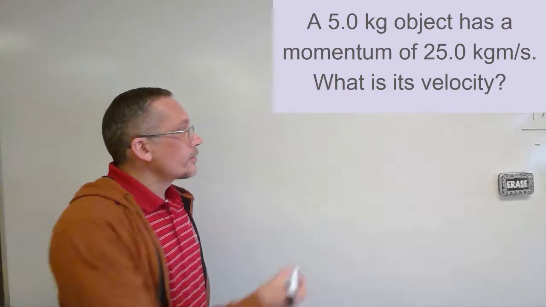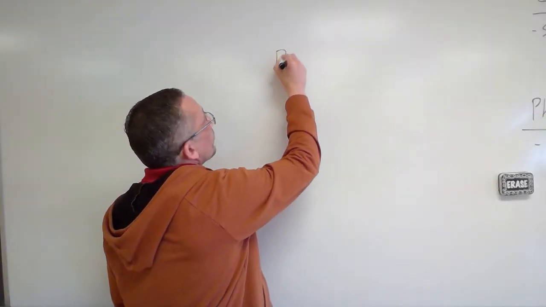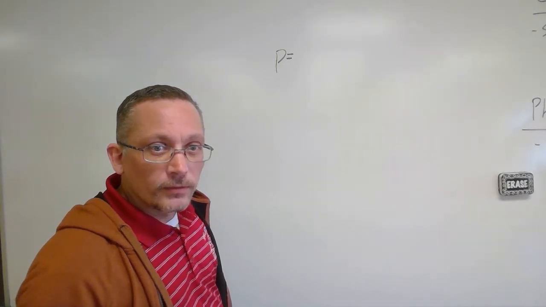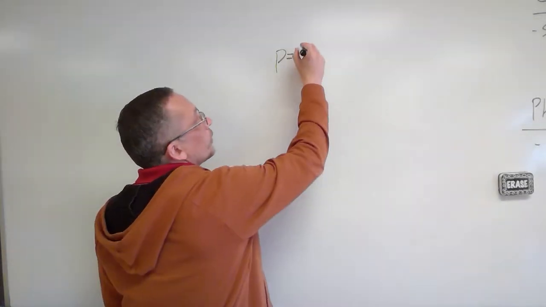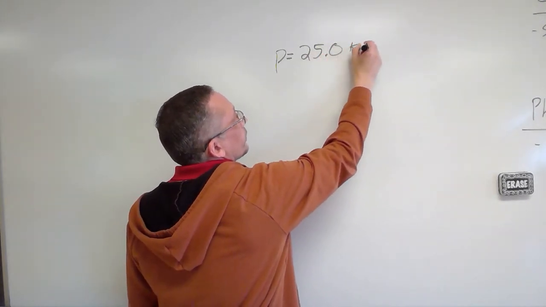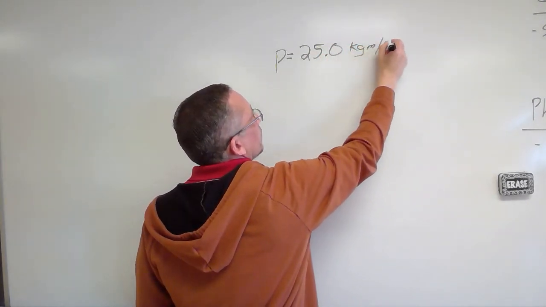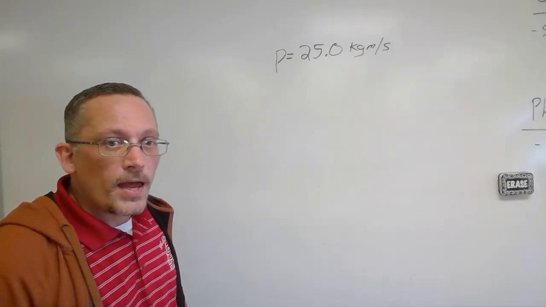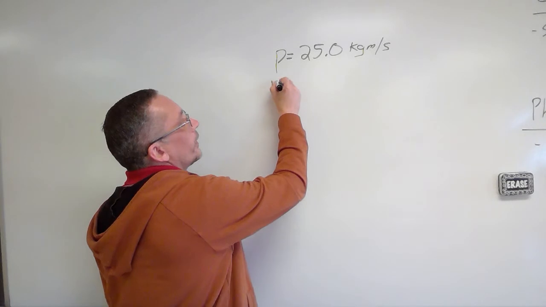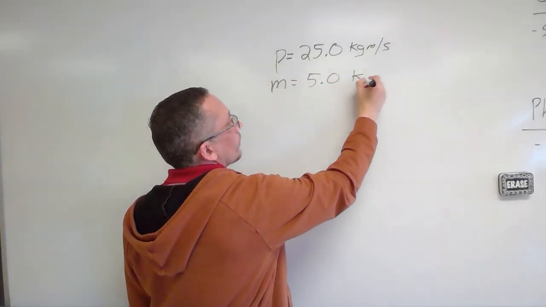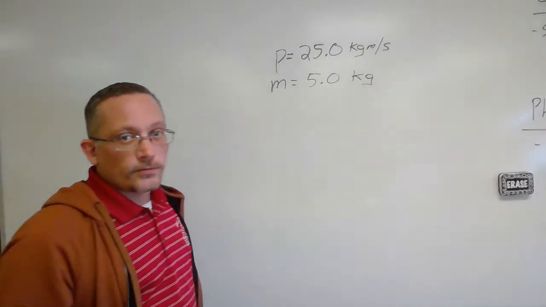So it tells us the momentum is 25.0 kilogram meters per second. And it tells us that the object's mass was 5.0 kilograms. And it wants us to find the velocity.